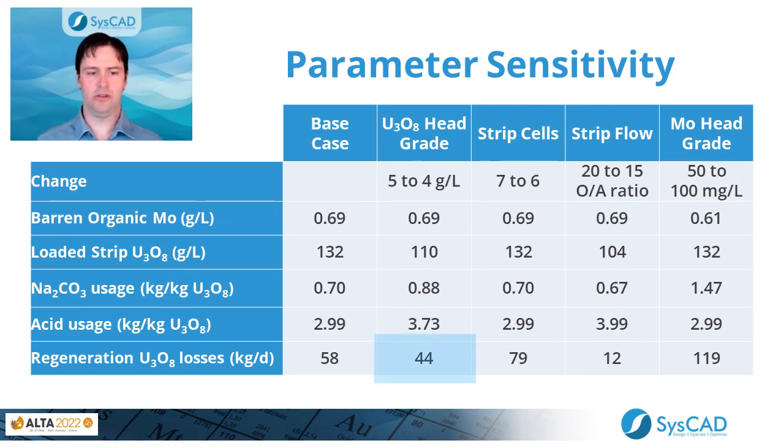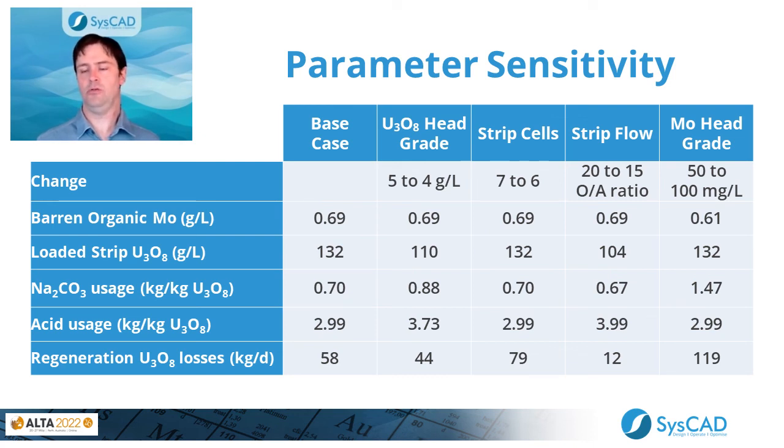And the regeneration U3O8 loss is also dropped. In the strip cells going from 7 to 6, you can see an increase in the uranium losses to regeneration, which is expected. And there are really no other major changes to the process.